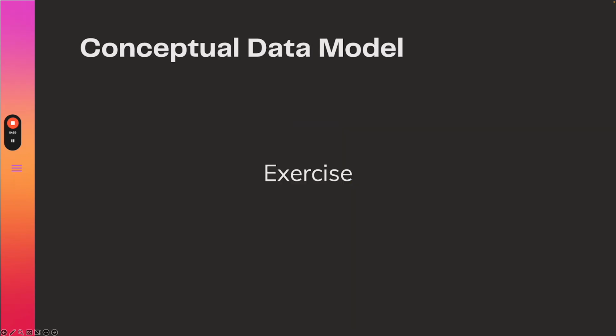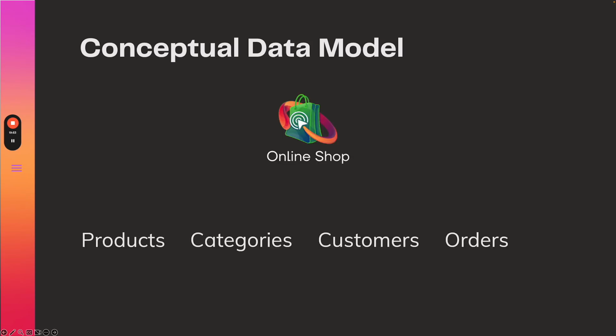Right, so next we're going to do an exercise, and this is producing a conceptual data model. You'll see as part of this module, there is a text document included that talks about the use case in more detail. But essentially, it is an online store, so think about Amazon and the way that Amazon has structured and runs their business.